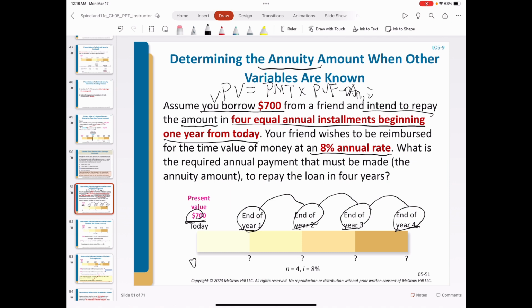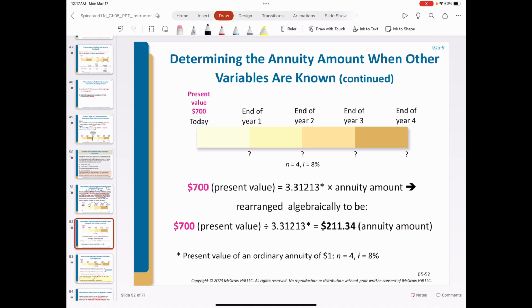Present value is 700. Payment is unknown, or to be solved. We know N is 4 while I is 8%. So we can figure out this problem. The present value is 700.